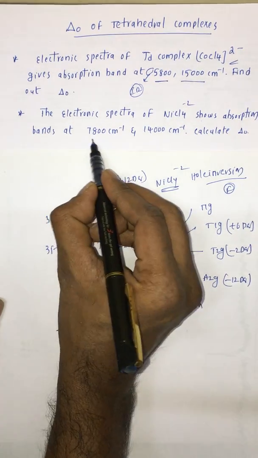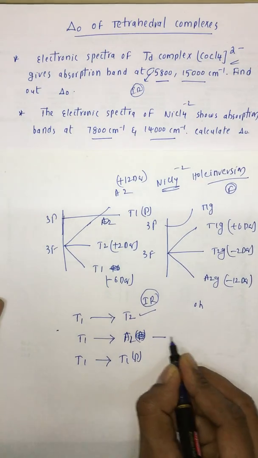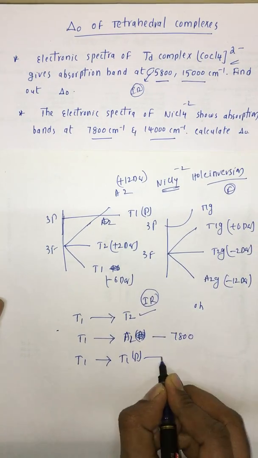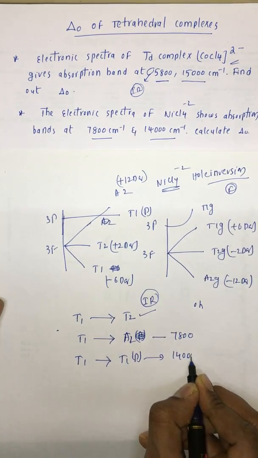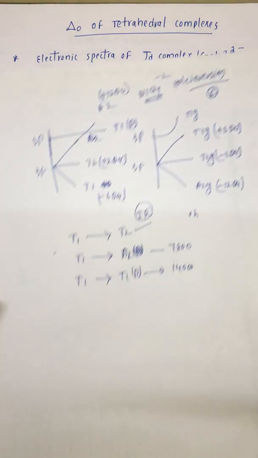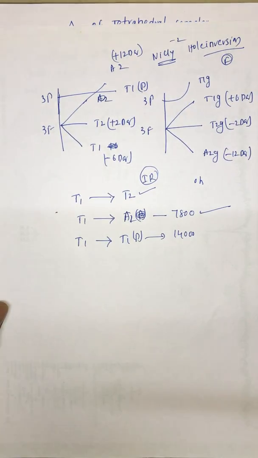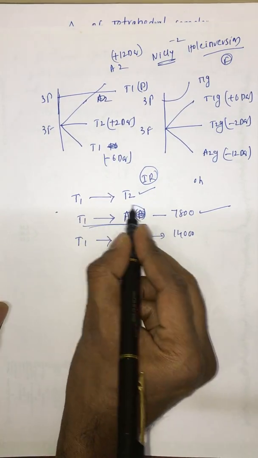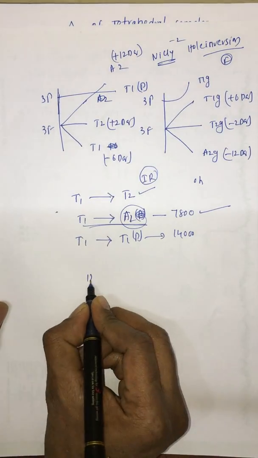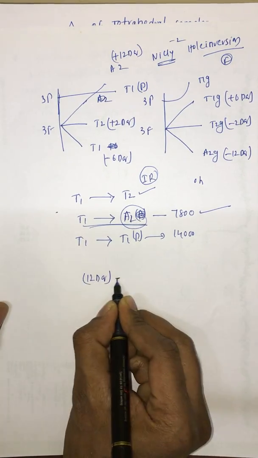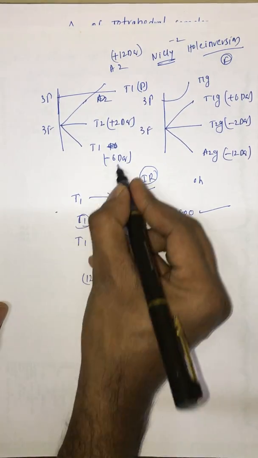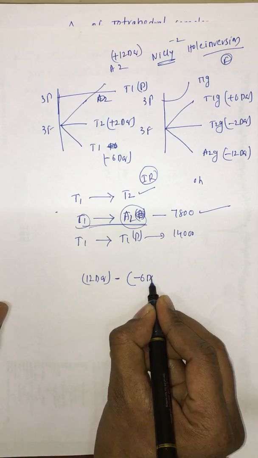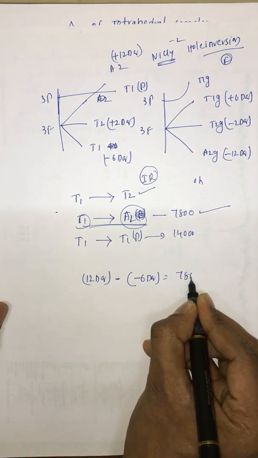Here they have given only two transitions, that is, 7,800 for this transition and 14,000 for this. So here we'll take this transition to calculate the delta knot. A2 energy is 12 dq minus T1 energy, which is 6 dq, equals 7,800.